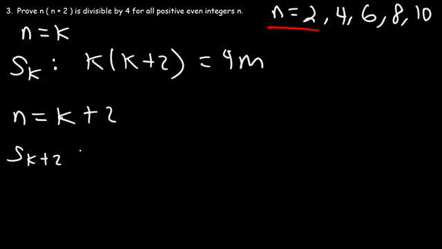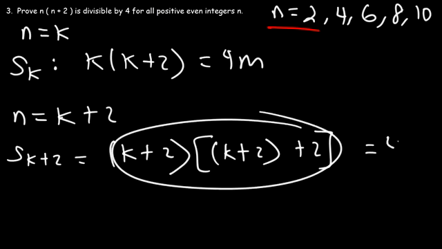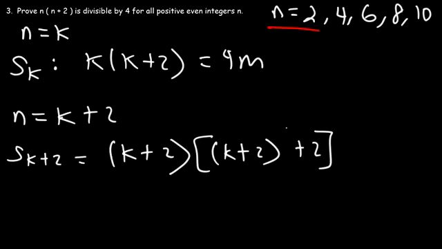So replacing n with k plus 2, we're going to have k plus 2, and then we're going to replace this n with k plus 2 again. And so we'll get this expression. Our goal is to show that this is equal to 4 times some integer L. So let's simplify that expression.